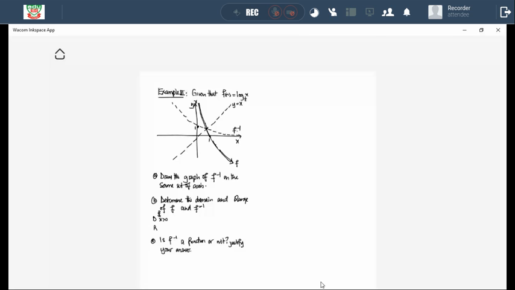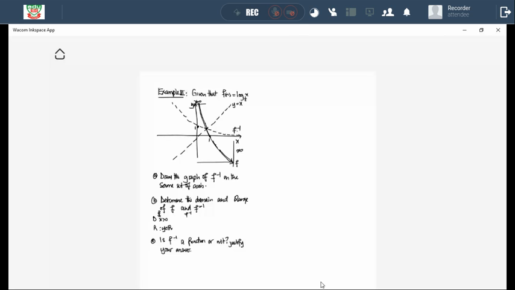You can see that it starts at x equal to 0 and it goes to positive infinity, but not touching the line x equal to 0, the y-axis, because it's an asymptote. What about range? It starts from negative infinity to positive infinity. So your range is y element of all real numbers.